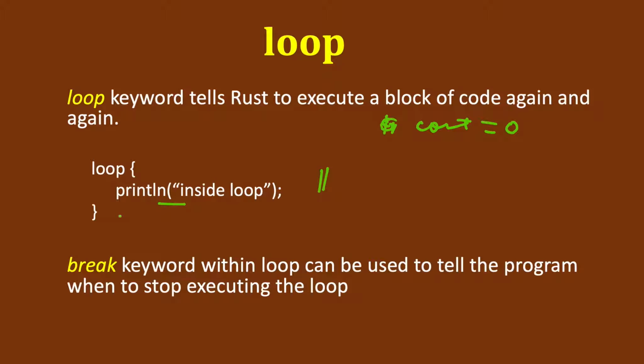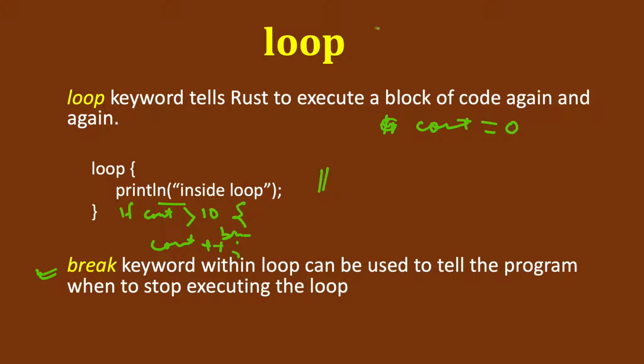And we add a condition here that if count is more than 10, then break. So this will print inside loop 10 times, then the counter will become more than 10 and it will break out of this loop. And then you also increment the counter here so that it's incremented. So this break statement is very useful in that case.